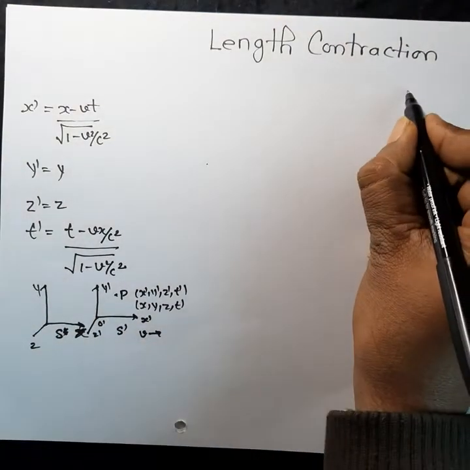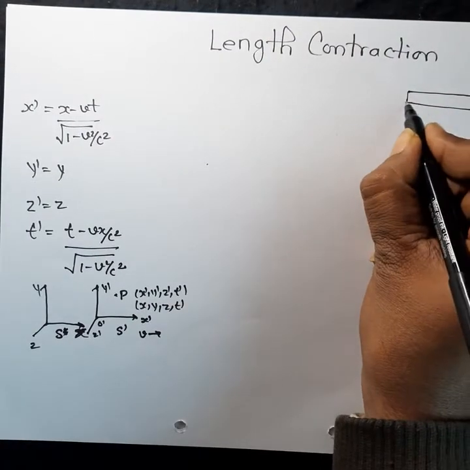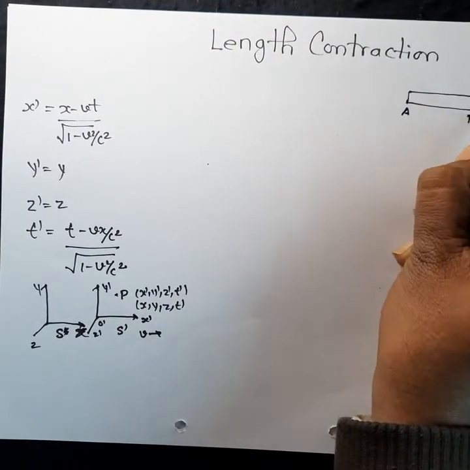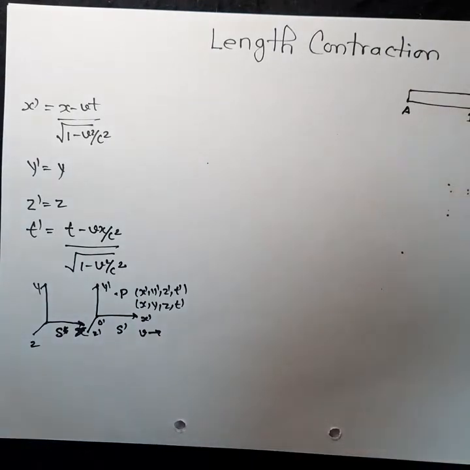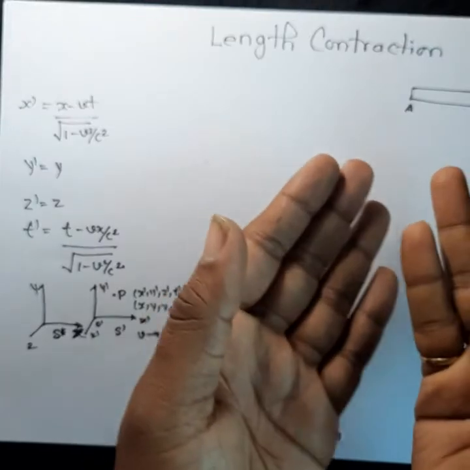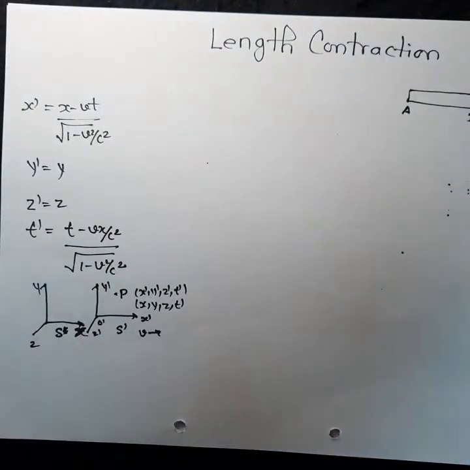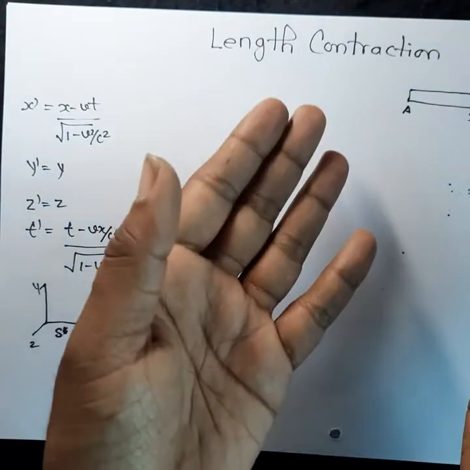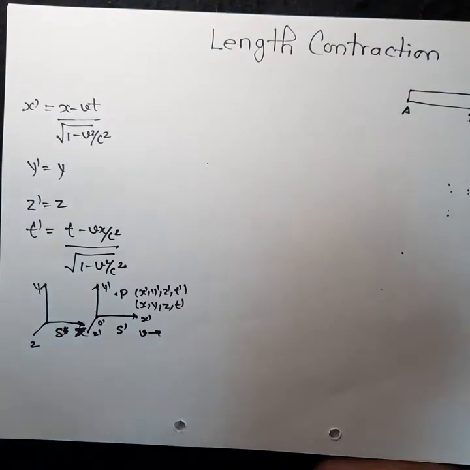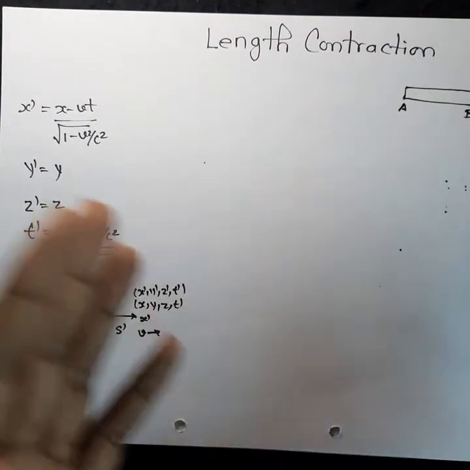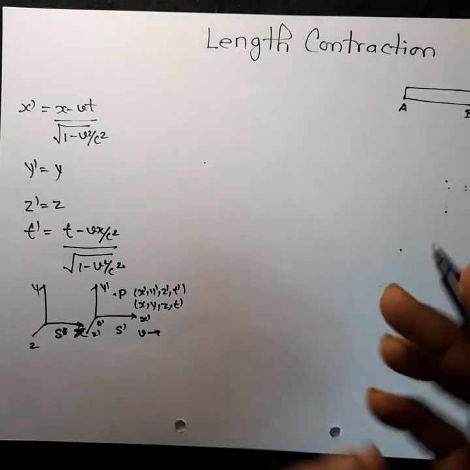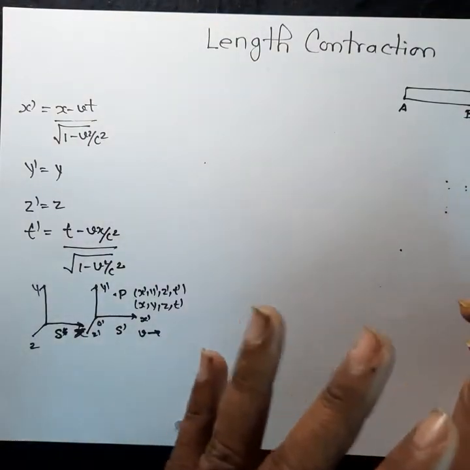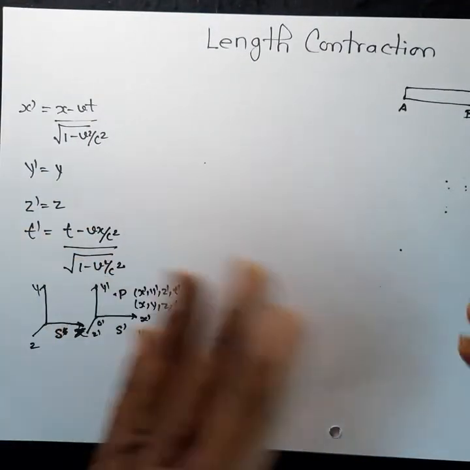Suppose there is some rod AB. In some frame of reference it may move with velocity v, but for some frame of reference it may not be moving, it will appear as stationary. So depending upon the relative motion of observers, in some frame of reference it is moving, and in some frame of reference it is not moving.